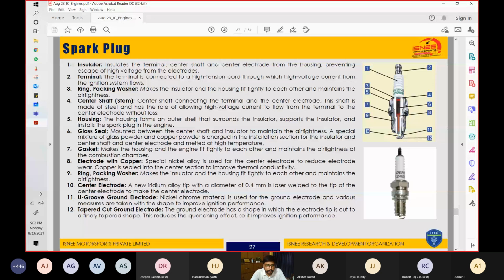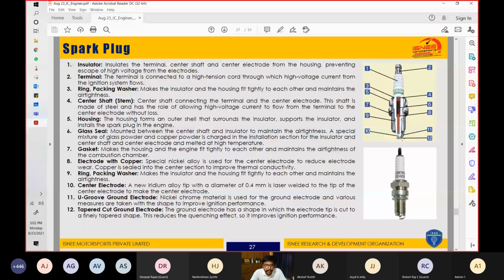This center electrode, you will see, is a new iridium alloy tip with a diameter of 0.4 mm and is laser welded on the tip of the center electrode. Then part number 11, this outer side, is a U-groove ground electrode, and nickel chrome material is used for it.